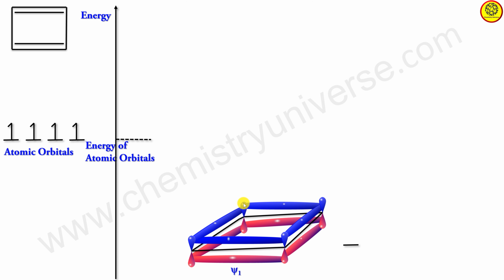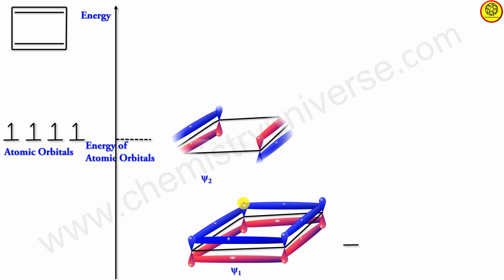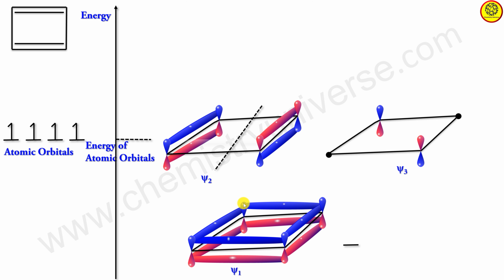No node here. But then look at these two, Psi2 and Psi3. Can you see bonding 1, bonding 2, antibonding 1, antibonding 2? Can you see they cancel out?